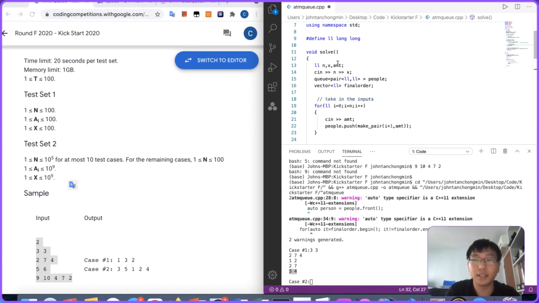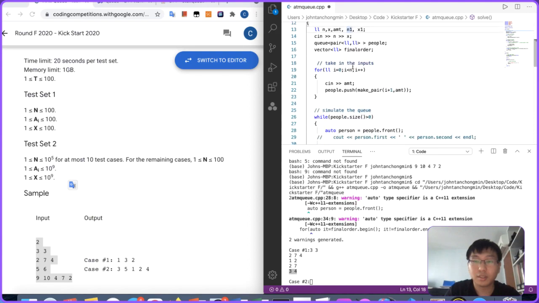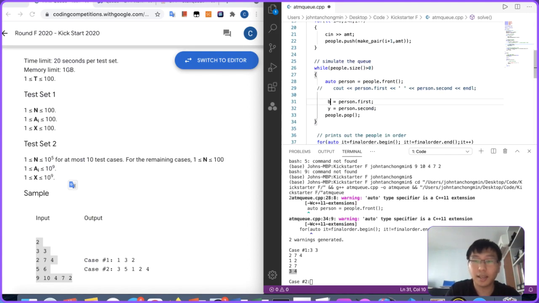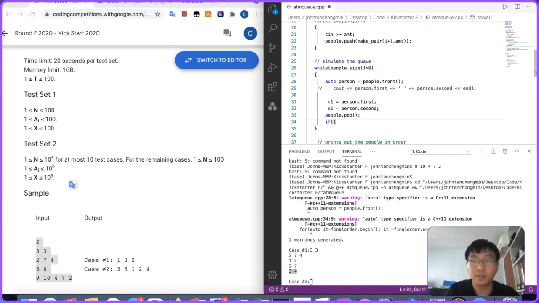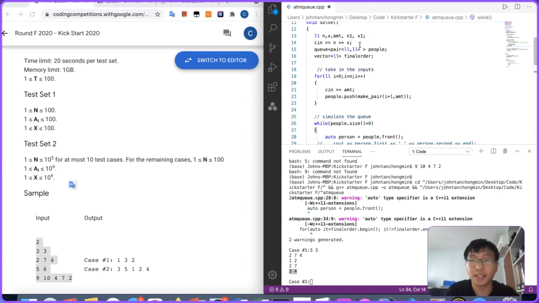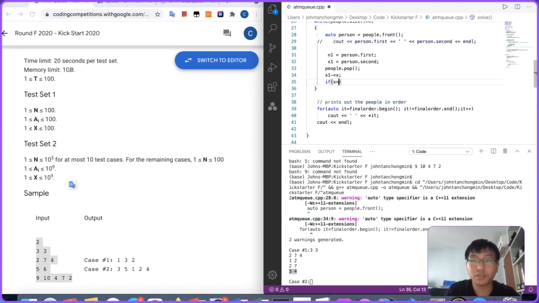Maybe over here I just call it n1 and x1. n1 is person dot first, x1 is person dot second. So person dot second is the amount that he has. We take the amount and minus equals x.